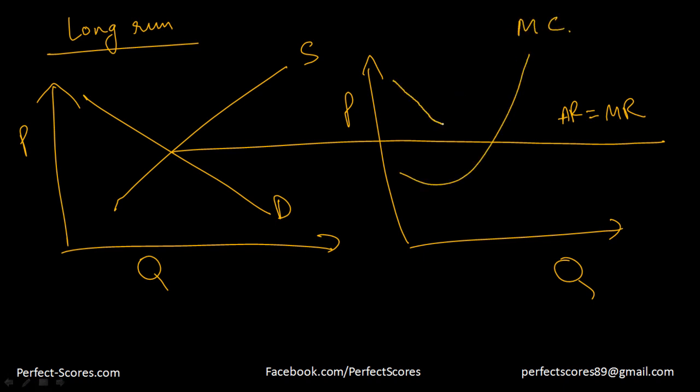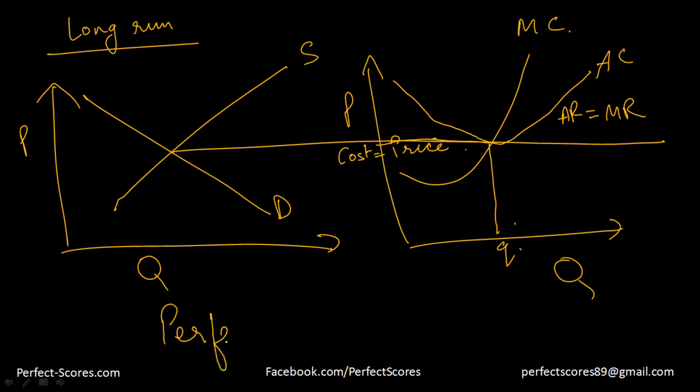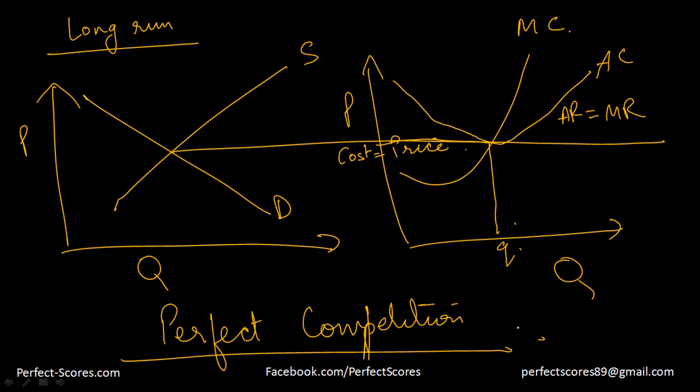And this is going to be my average cost. So that at this quantity, my cost and my price are one and the same. Fine. So this is what happens in the long run in a scenario of perfect competition, right? So that is very, very important here.